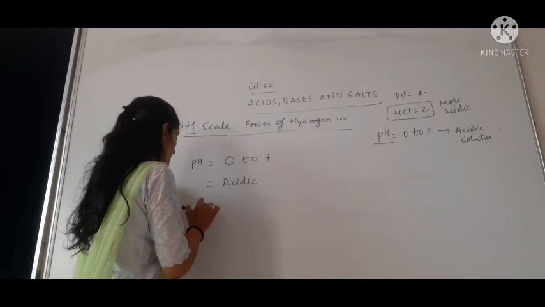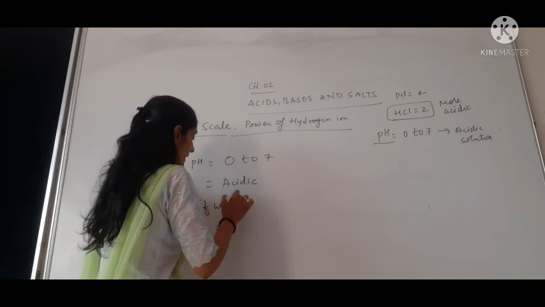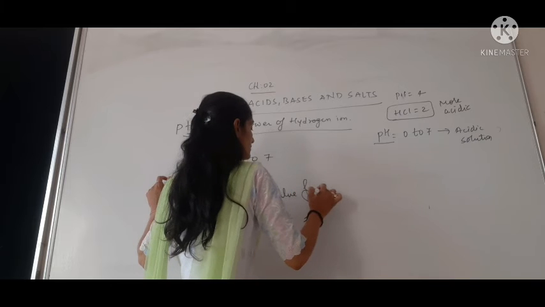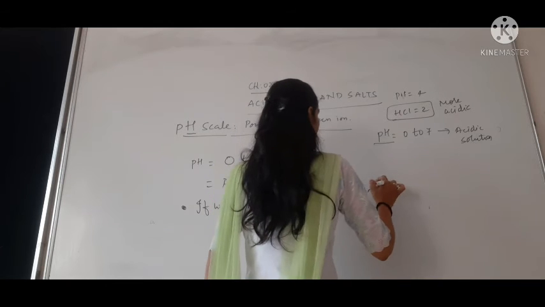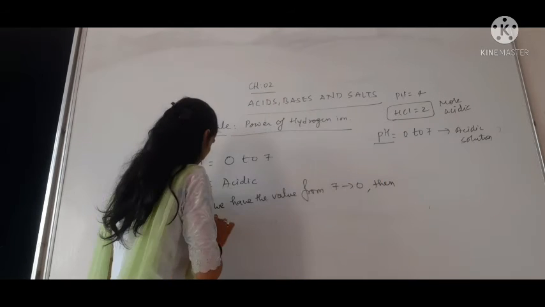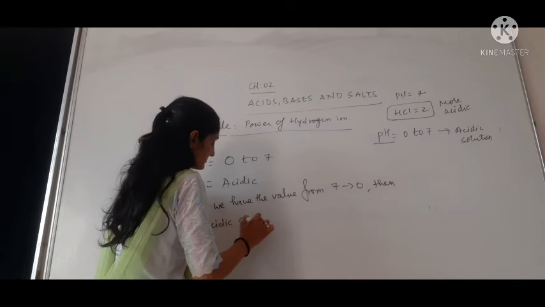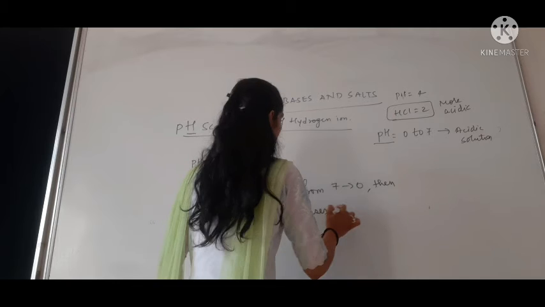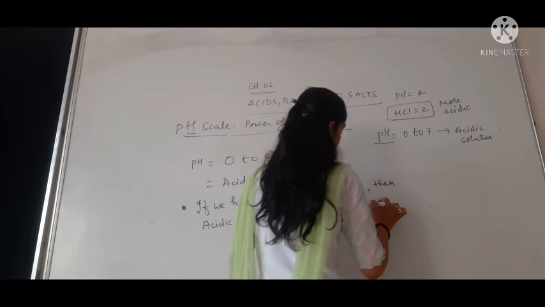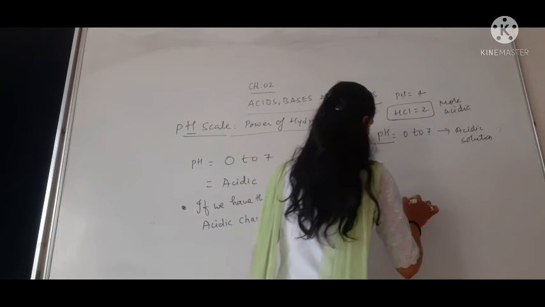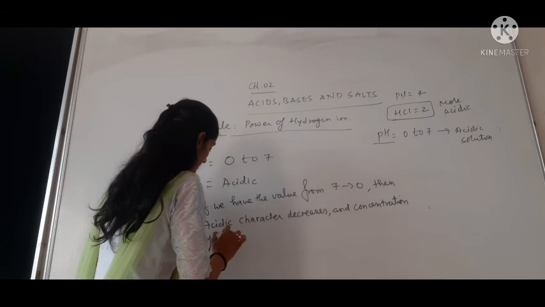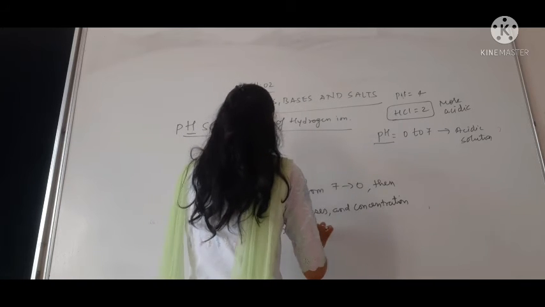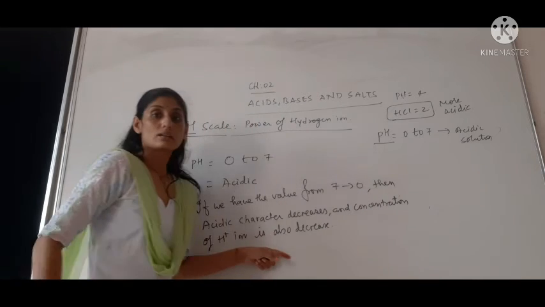Now what we have to learn is, if we have the value from 7 to 0, then acidic character decreases and concentration of H plus ion is also decreased. Okay, that's what we have to learn.